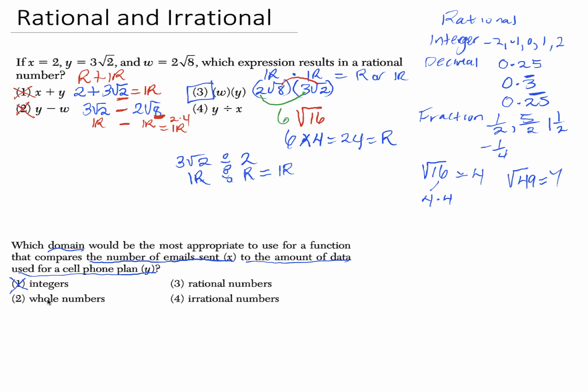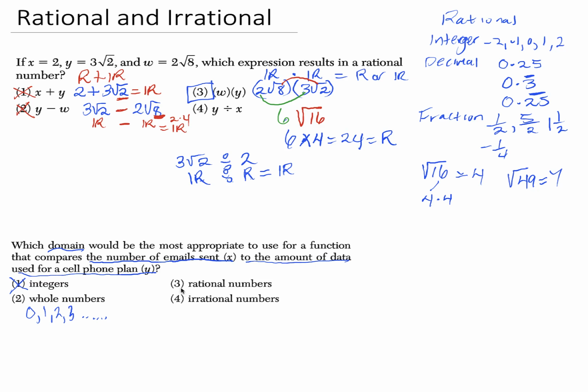Number 2 says whole numbers. Now, when you think about whole numbers, whole numbers are when you have 0, 1, 2, 3, and so on. So do you think the domain can be whole numbers? You're talking about the number of emails sent and the amount of data being used. So you're probably like, okay, I'm going to keep that in mind.